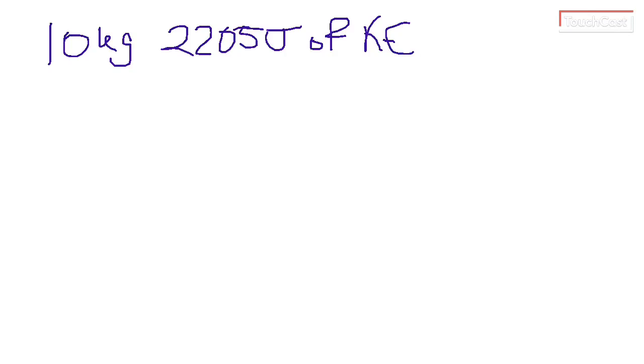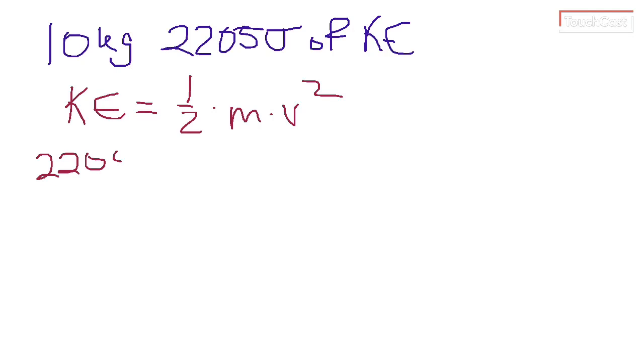The first thing I'm going to do is solve for my unknown using the kinetic energy equation. Kinetic energy equals 1/2 times mass times velocity squared, so 2,205 equals 1/2 times mass, which is 10, times v squared.